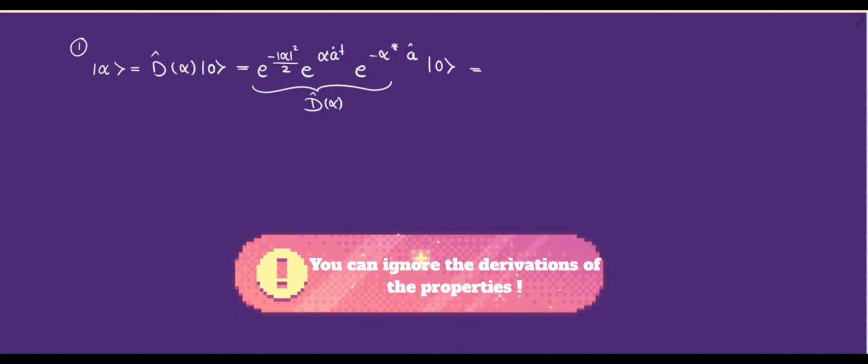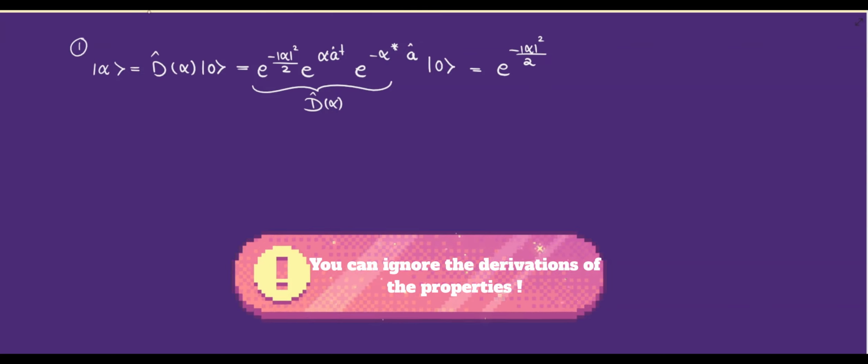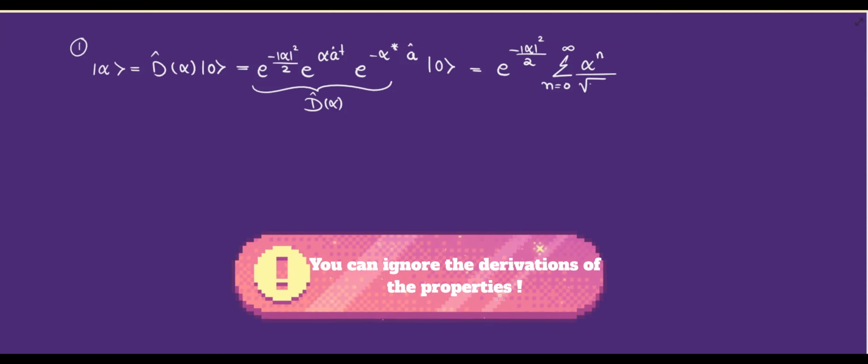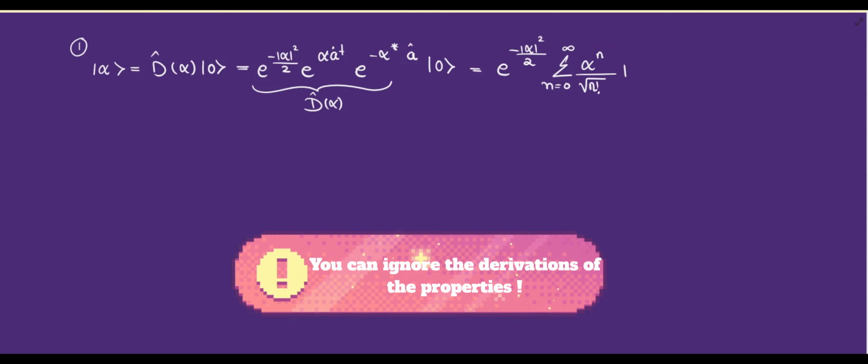Now, when this thing acts on the single mode vacuum state, I can derive easily that alpha is equal to e raised to minus mod alpha squared by 2 summation n equal to 0 to infinity alpha raised to n divided by root of n factorial times n. Now, how did I derive this?